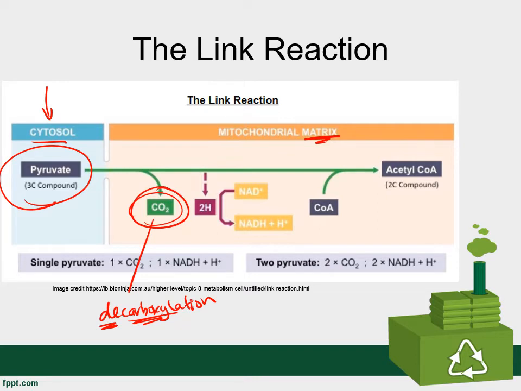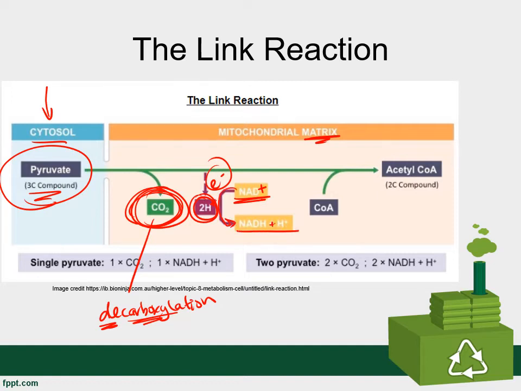What's kind of cool about every time we chop off a CO2, every time we break one of these molecules, we basically have little crumbs of hydrogens and electrons. So electrons and hydrogen ions are produced when I decarboxylate that pyruvate. Those electrons and hydrogen ions are grabbed by this molecule, NAD+, and that guy is turned into NADH.